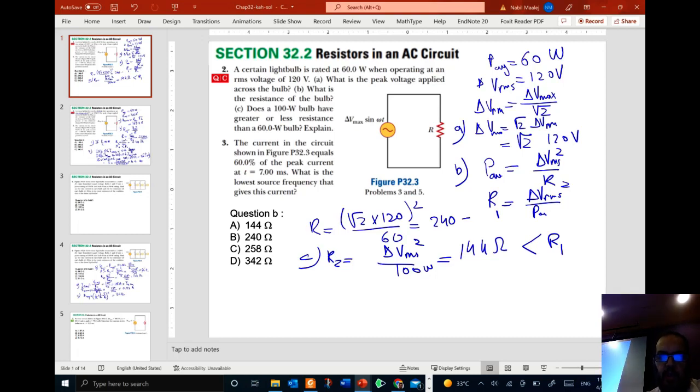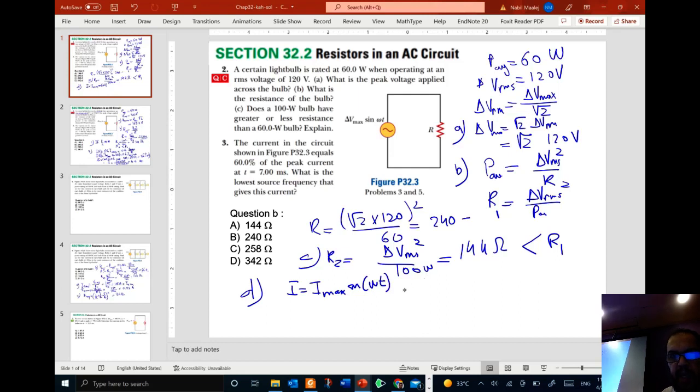The current in the circuit shown equals 60% of the peak current at t equals 7 milliseconds. What is the lowest source frequency that gives this current? We have an equation for the current. I is equal to I max sine omega t.